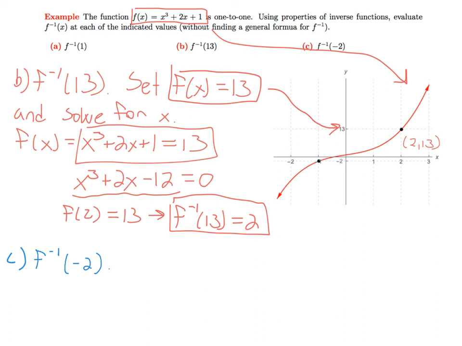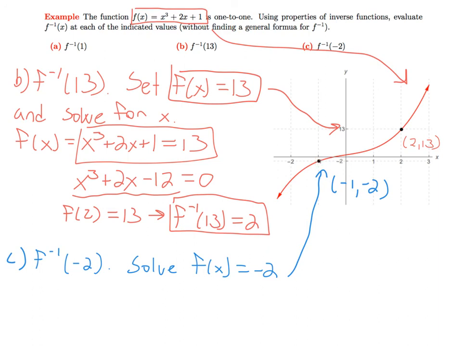To figure out what this is, we need to find what value of x, when I plug into f, gives me minus 2. So I come over to the graph and I notice that here we have a point at (minus 1, minus 2). The value minus 1 is hard to read, but that's over here. Each of these tick marks is 1 unit. So at this point, we're at an x value of minus 1.